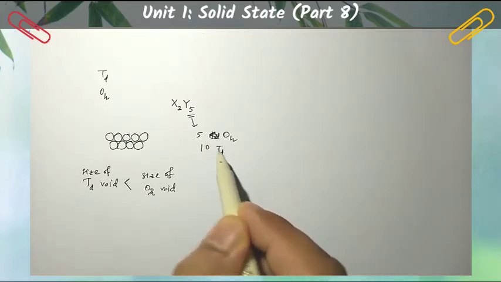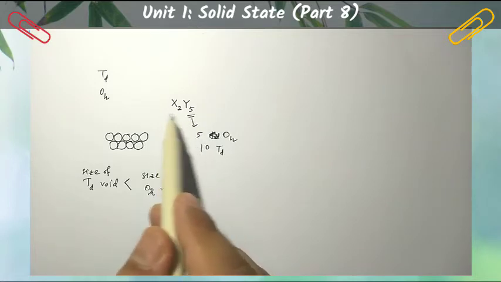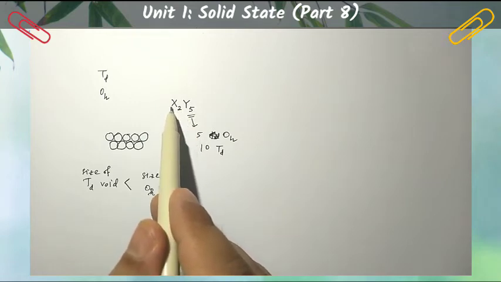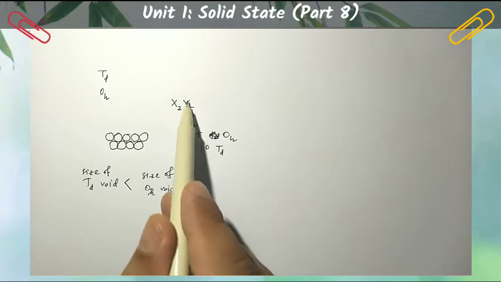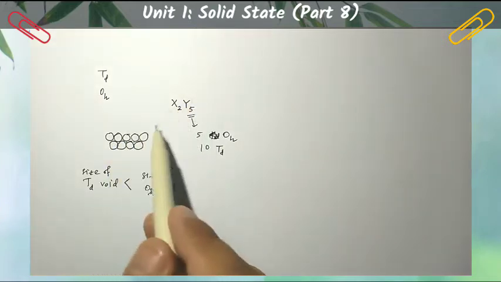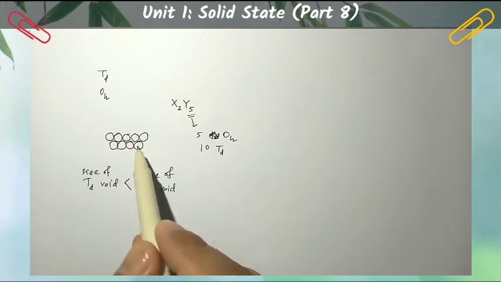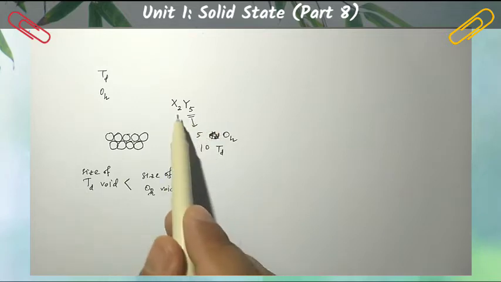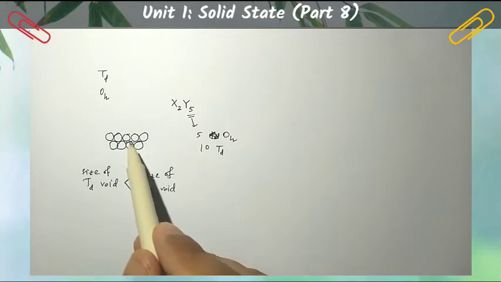Do you understand this point? Let's suppose this is your formula of the ionic solid, X2, where X is the cation and Y is the anion. We know that the anion will form that packing structure, so the sphere will be the anion, and the cation will be present inside the void.